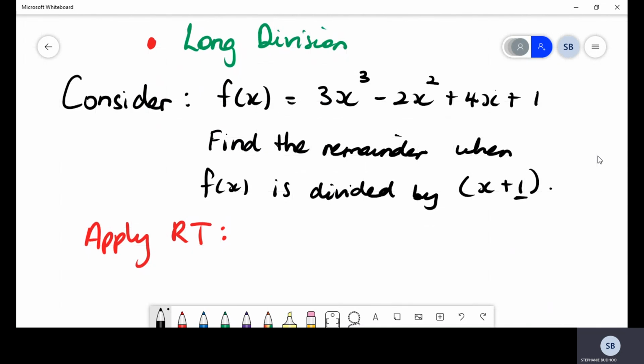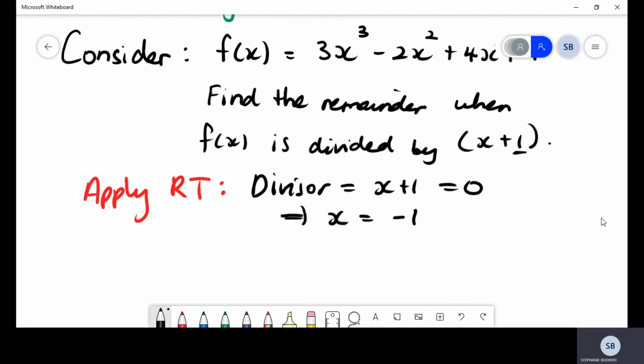So therefore, what we'll do is state that our divisor is equal to x plus 1, and we'll set that divisor equal to 0, which implies that the value we are using is actually -1. So now, to simply find our remainder, we will just need to find f of -1.